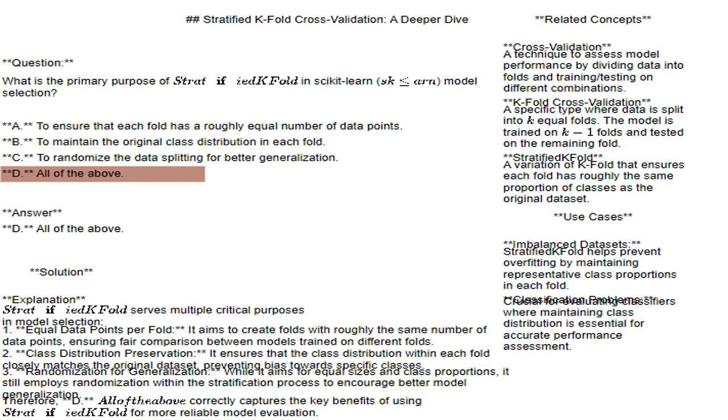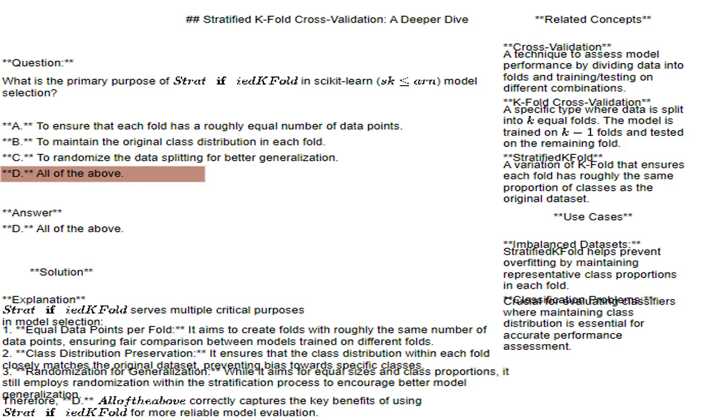Stratified k-fold is a variation of k-fold specifically designed for datasets with distinct classes. It ensures that each fold maintains the same proportion of classes as the original dataset, making it especially useful for handling imbalanced datasets or classification problems.